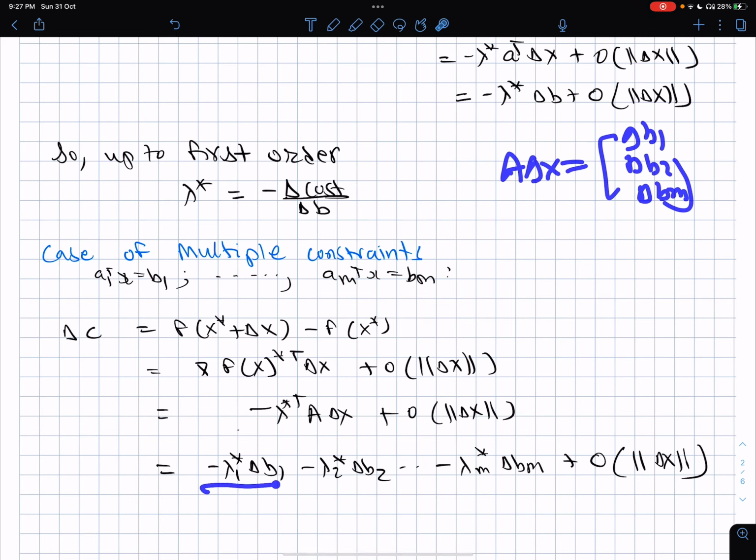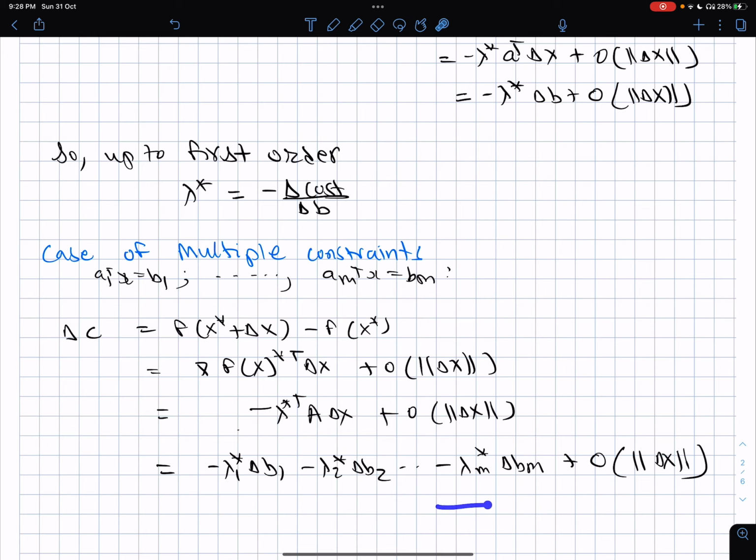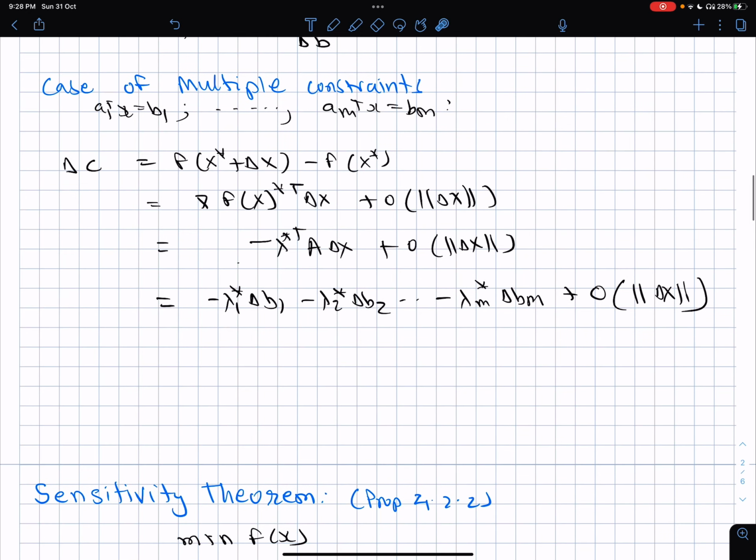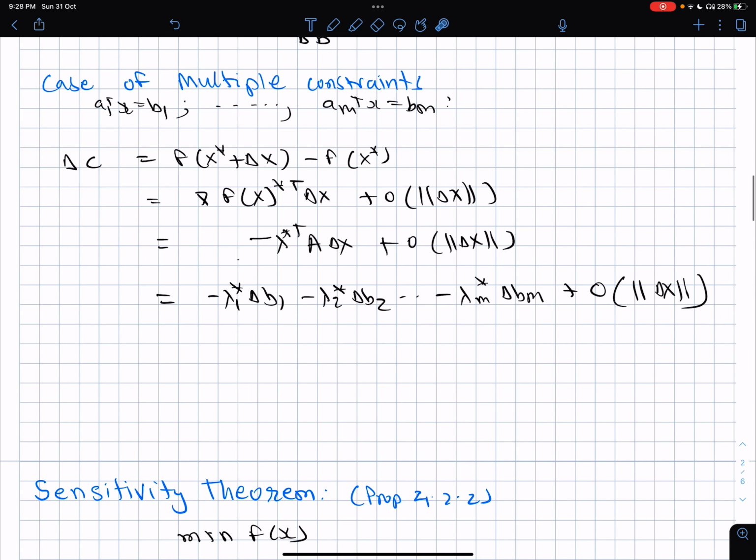So you expand this term here, you will get minus lambda 1 star delta b1 minus lambda 2 star delta b2, and so on up to minus lambda m star delta bm plus first order terms like this. Hence, you can very clearly see that the partial derivative of c with respect to b1 alone will be minus lambda 1 star, and so on.